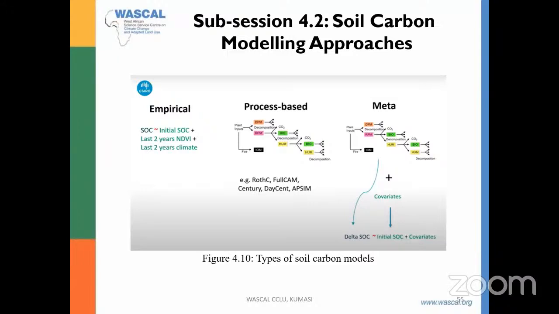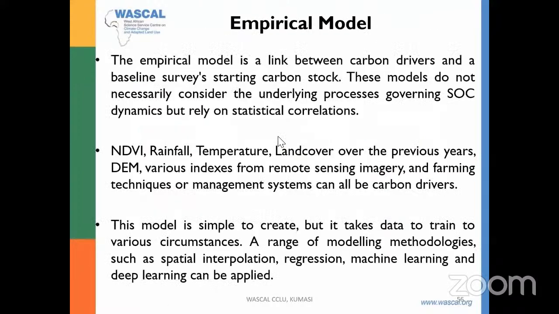Land management practices, climate and soil moisture activities are all mathematically represented in the process-based model so that we can quantify or model the soil carbon. And the fusion one has to do with combining these two models to give us another estimation.